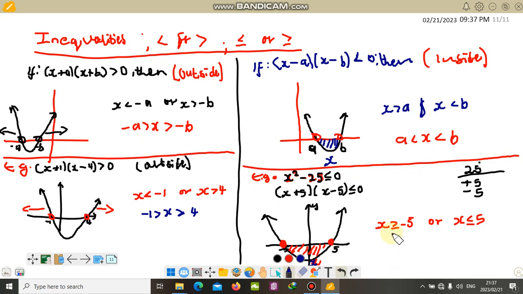Or you can write it with the other method: negative 5 is less or equals to x, and x is less than or equals to 5. You can write it this way or this way.